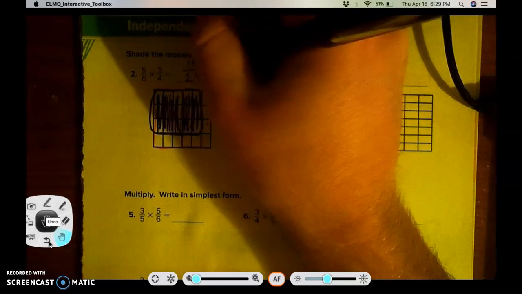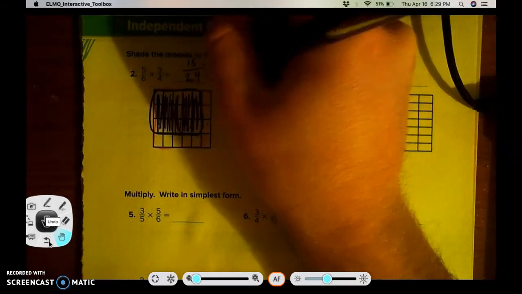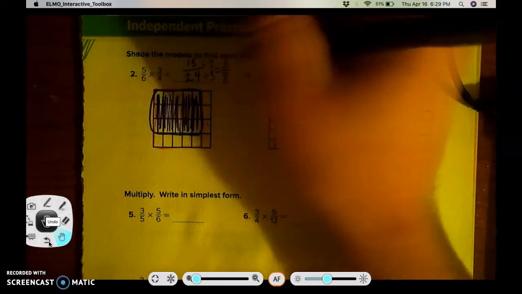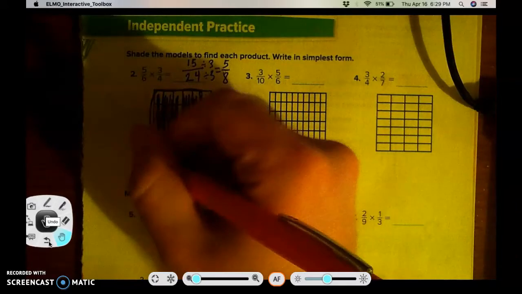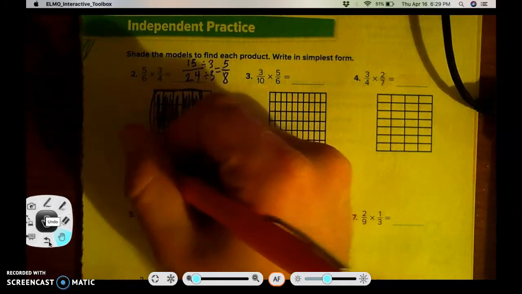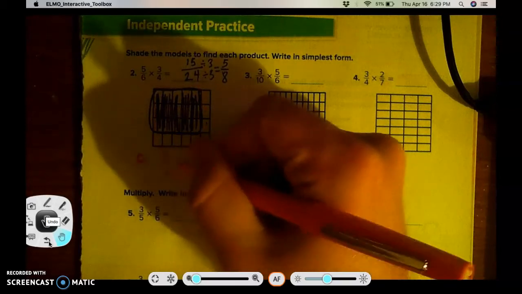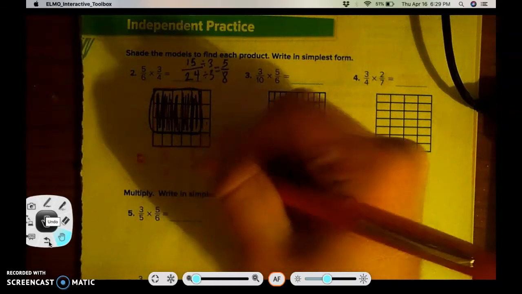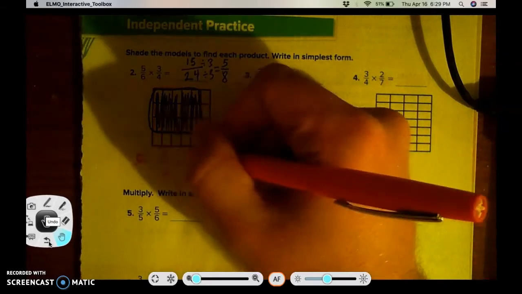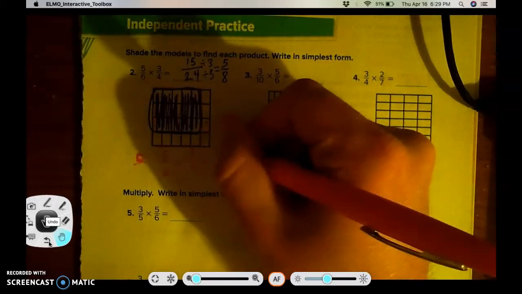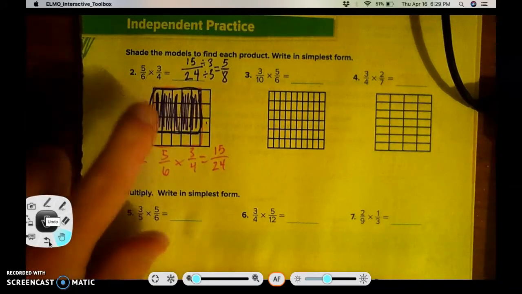So I'm going to divide them both by 3 to give me an answer of 5/8. Okay, check and make sure we did it right. 5/6 times 3/4. If we multiply straight across, 5 times 3 gives us 15. 6 times 4 gave us 24. So that's just giving you a visual of it.